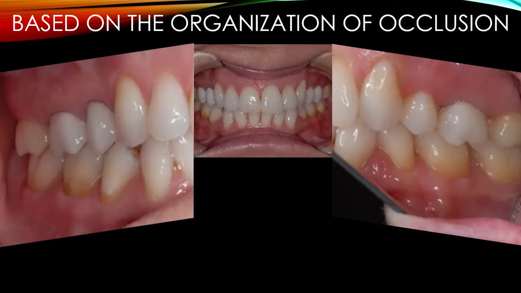Now, other type of occlusion, أنواع الأوكلوجن تقسيم آخر هو according to the organization of the occlusion.